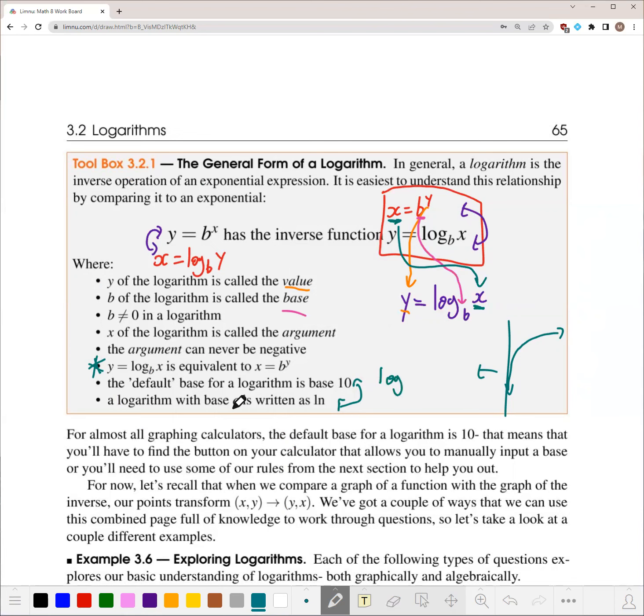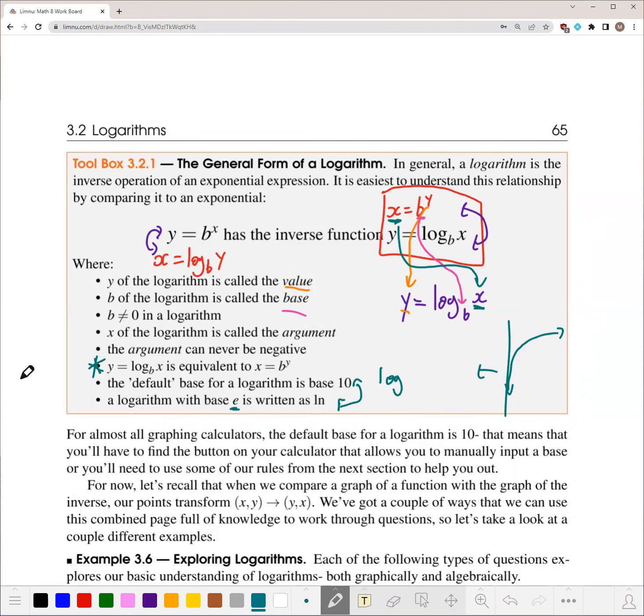And there's another number, which is e, Euler's number. It's a special number that we'll talk about in future math classes. But for right now, just know that it's so important that a logarithm with a base of e gets its own name, a natural log, and we represent that with ln.